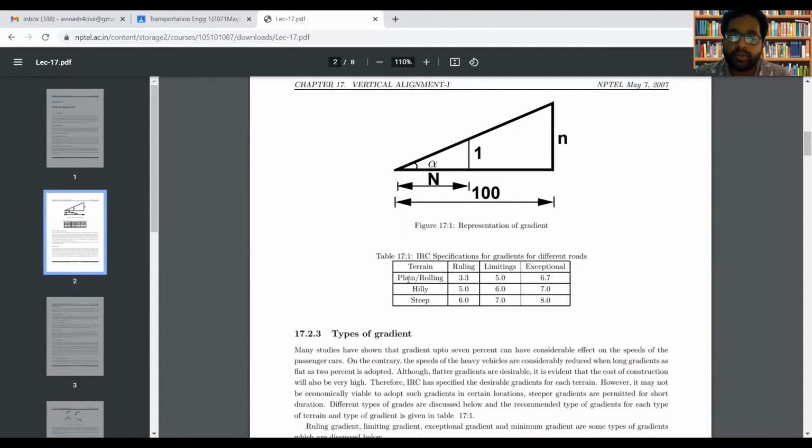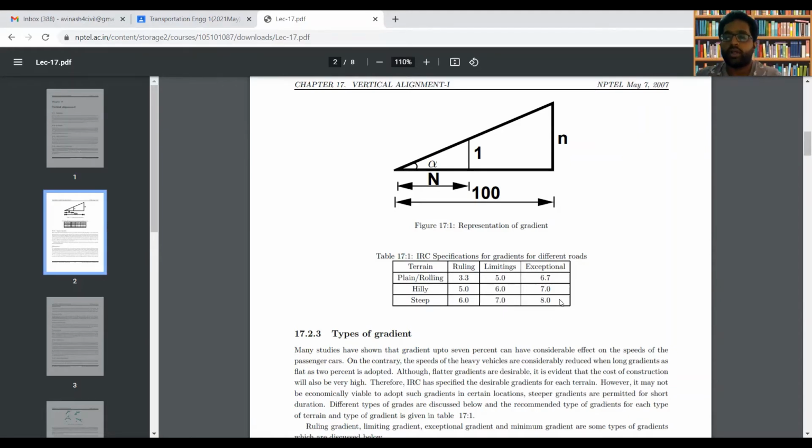If the slope angle is between 0 to 20 degrees, it will be plain. If it is between 20 to 35, it is rolling. Then depending on the slope angle, plain, rolling, hilly, steep, etc., there are different types of terrain. And for different types of terrain, there are different gradient values given. For ruling gradient, this is the value. Limiting gradient, this is the value. Exceptional gradient, this is the value.